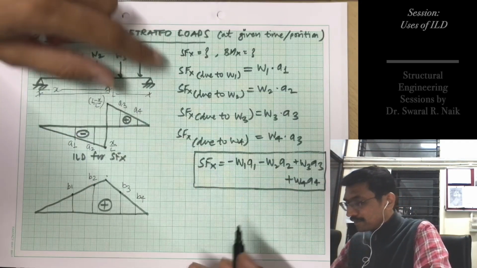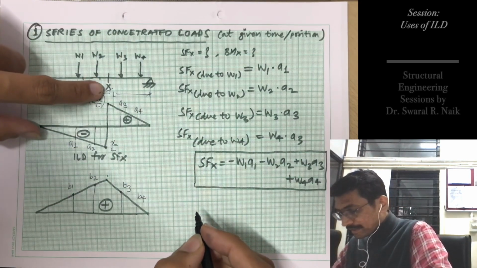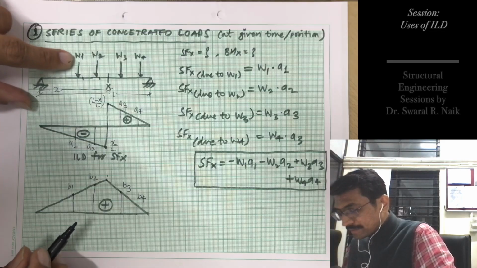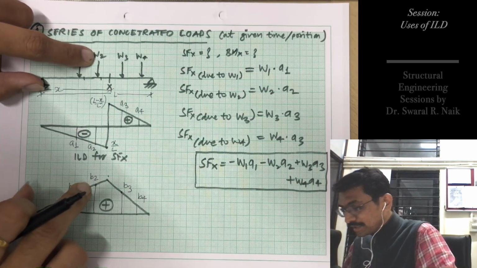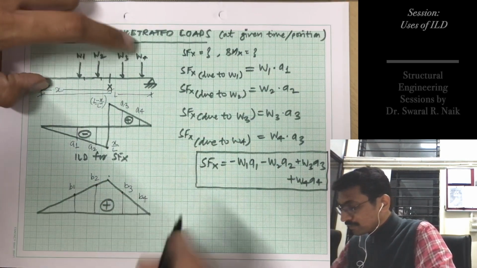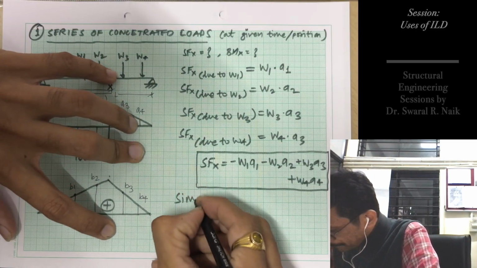Similarly, as SF, BMX due to W1 will be nothing but W1 into B1, then W2 B2, W3 B3, W4 B4. Right?